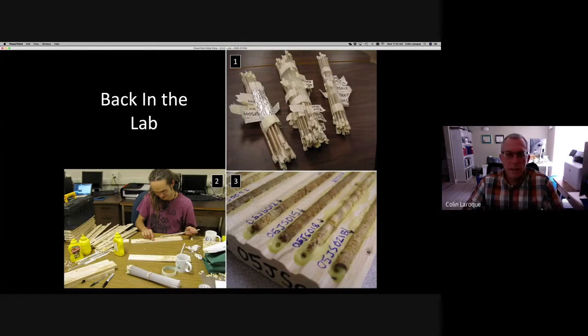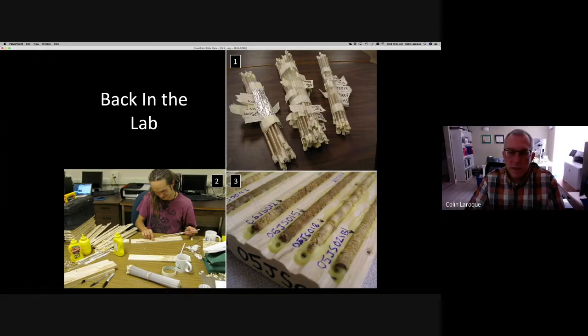When we go back into the lab, we come back with all of our bundles of cores and our labels, and they have all told us something, trying to answer the questions about what happened at that site. Here in question number 2, Jeff is taking the samples that we brought in from the field out of the straws, and we lay them down into a grooved, slotted mounting board.